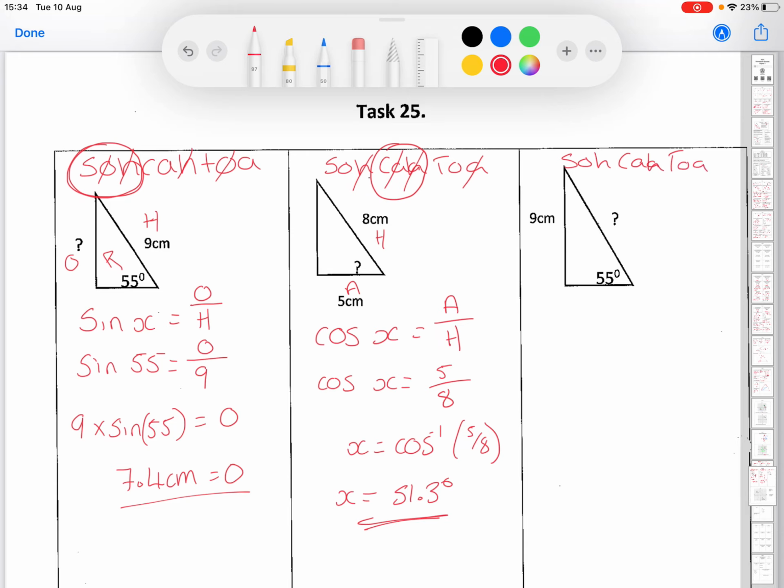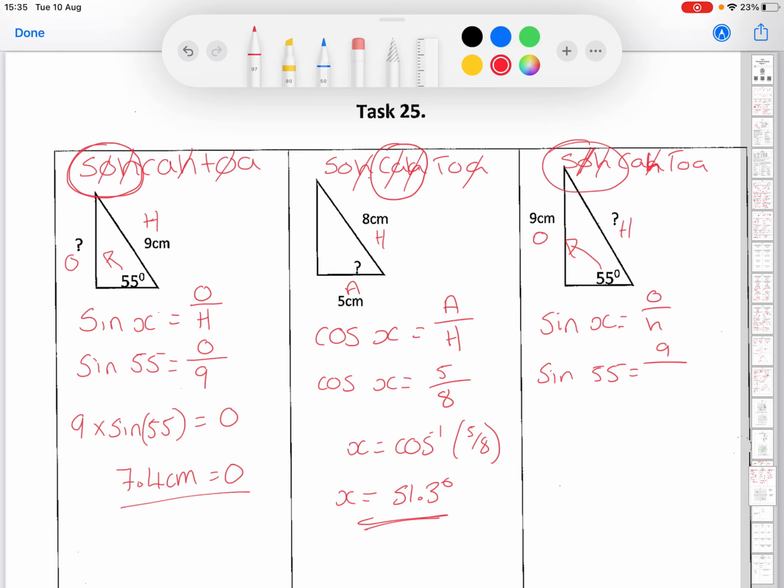Next one, again, if I write SOHCAHTOA, you don't have to write this every single time as soon as you get used to it. But our question mark here is our hypotenuse. So we can cross off our hypotenuse. The 9 is opposite your angle, so we've got opposite, so we know sine of the angle x is O over h, because O comes first and then over h.